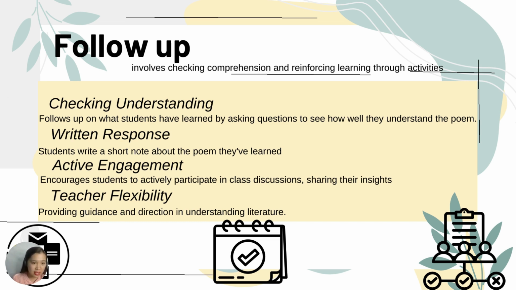And next is written response. It is a student-centered approach because through follow-up, the students can write down what they have learned, or they can annotate what they have understood, their own interpretations and understandings of the poem.